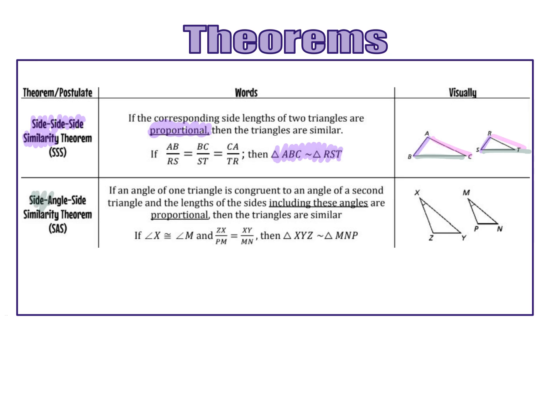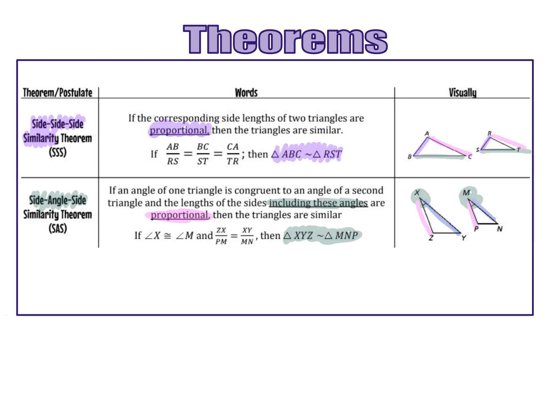And then we have the side, angle, side similarity theorem. And just like with congruence, we're going to be talking about an included angle. But just as we were saying, we're not going to be saying that the sides are congruent. We're going to be saying that the sides are proportional. So if we can show that 2 sets of sides are proportional and the angle between those 2 sides, so it has to be the angle that's adjacent or touching the 2 sides we're showing are proportional, then we can conclude that the 2 triangles are similar.